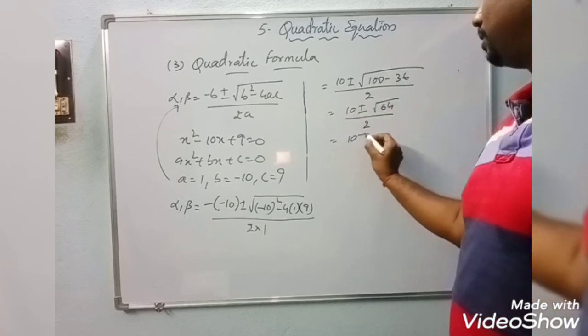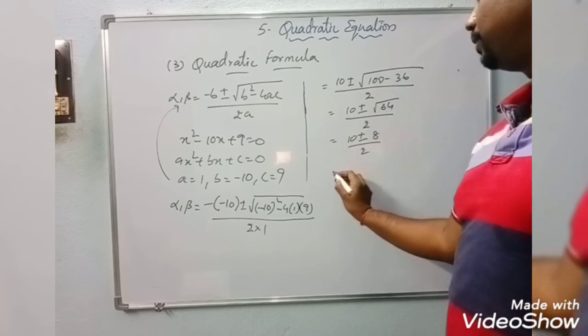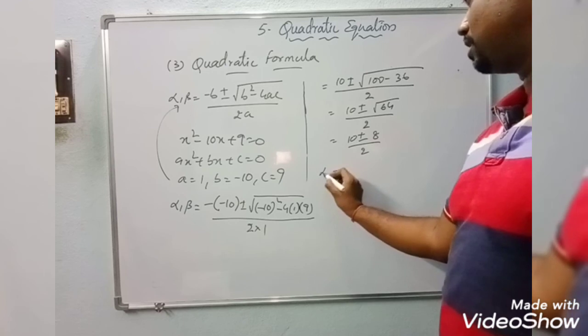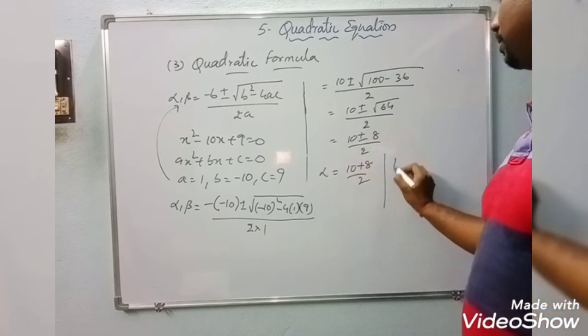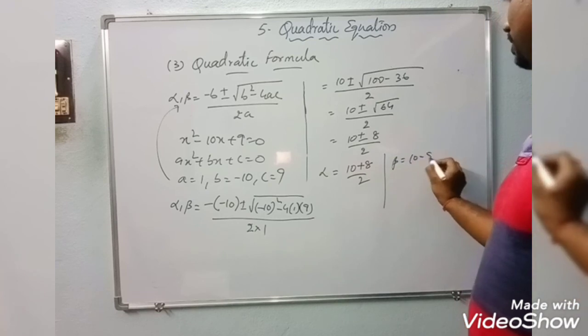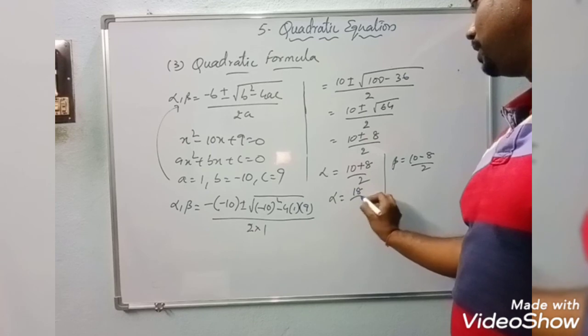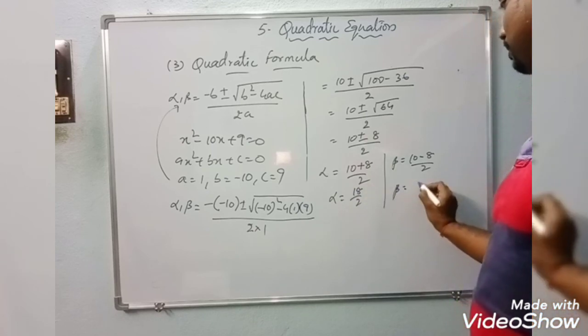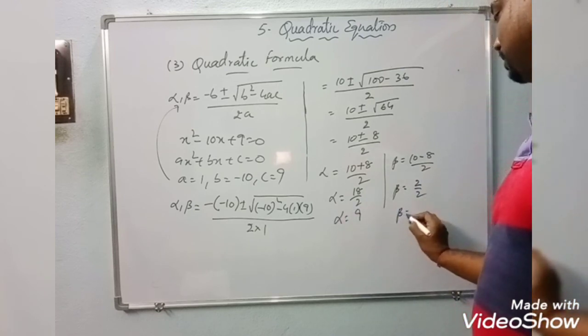Root of 64 is nothing but 8. Now if I split the terms, alpha is 10 plus 8 by 2 and beta is 10 minus 8 by 2. Now alpha is equal to 18 by 2 and beta is equal to 2 by 2. So alpha is equal to 9 and beta is equal to 1.